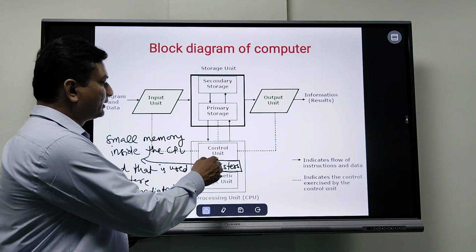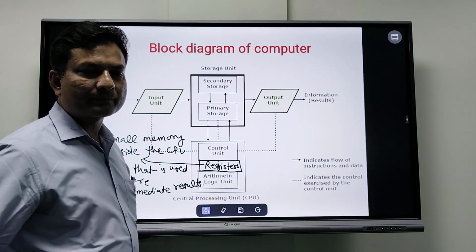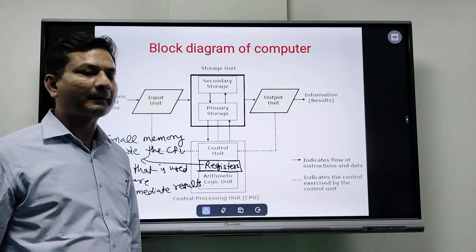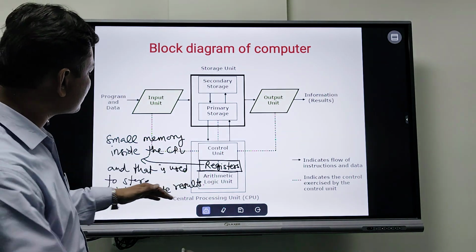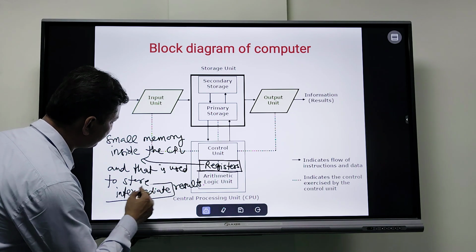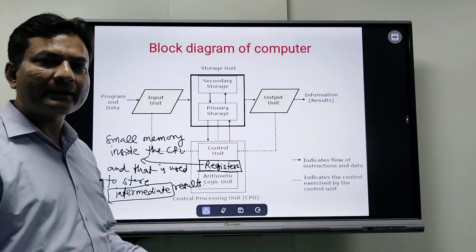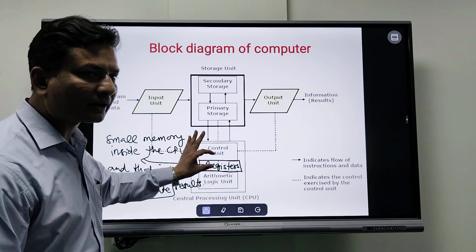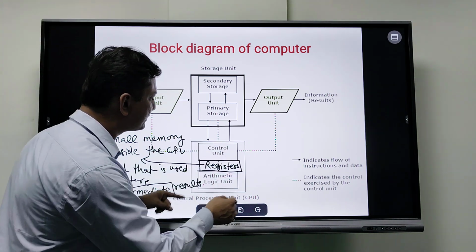Actually, by using registers, the processing speed of our computer increases many times. That's why to store only intermediate results, this small memory which is called register is provided inside the CPU.